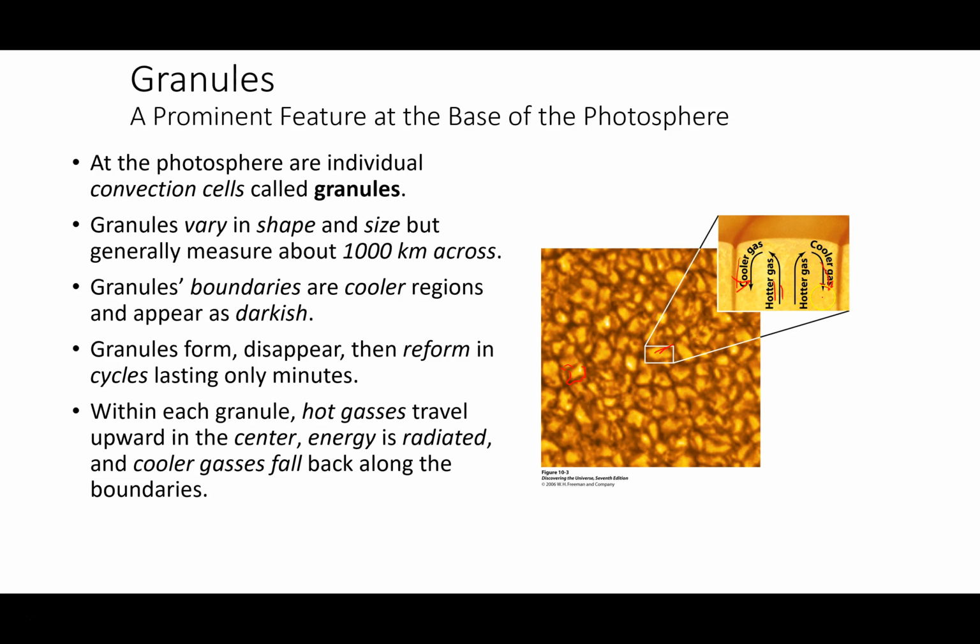We said that the outermost layer of the sun's interior is the convection zone, and you can see a little bit of convection going on there with hot rising and cool sinking. But solar granules are always there.